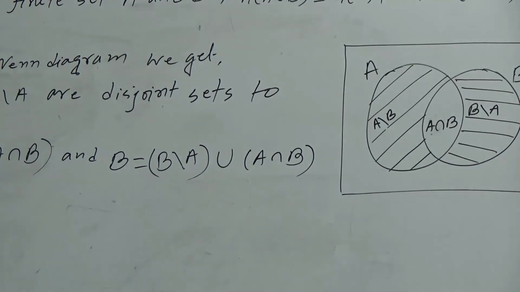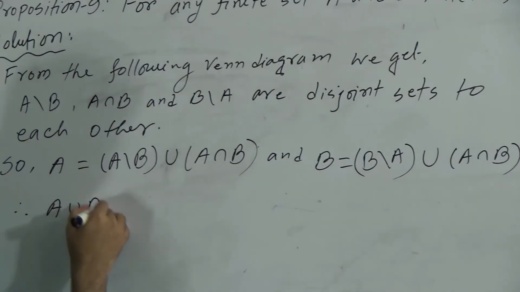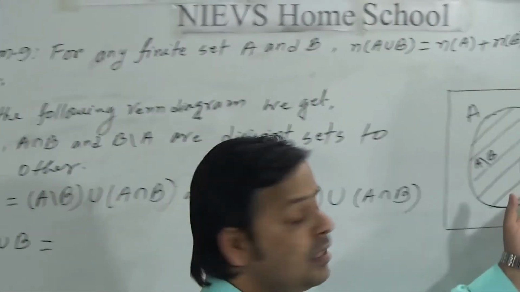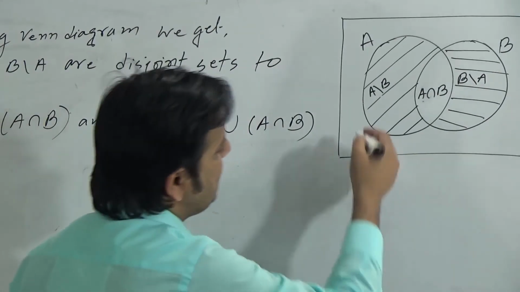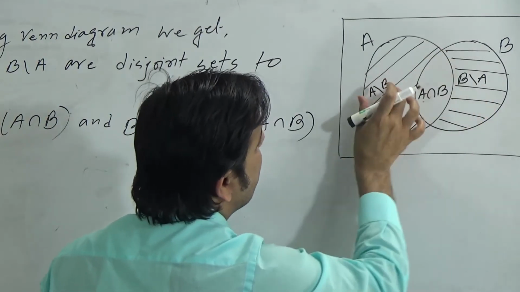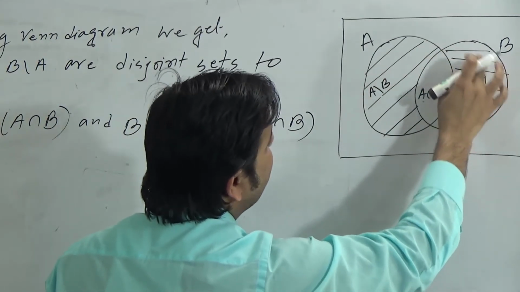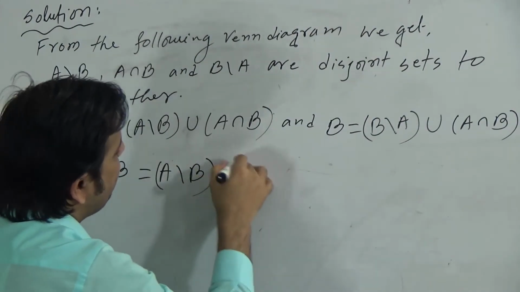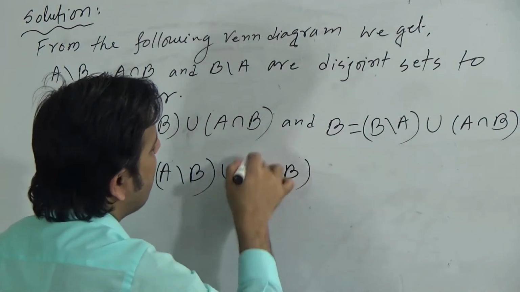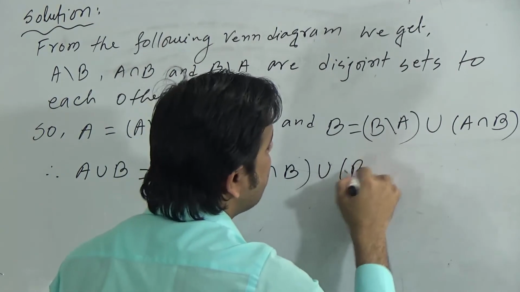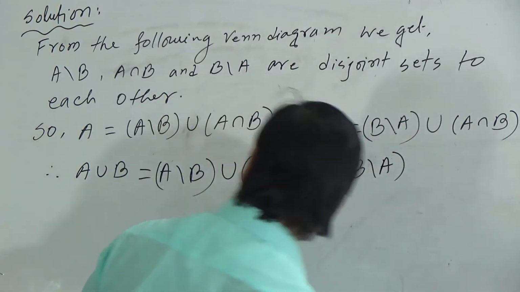Therefore, as these three sets are disjoint, A union B means the union of these three sets: A delete B, A intersection B, and B delete A. So we can write A delete B union A intersection B union B delete A. From the figure we can write this.